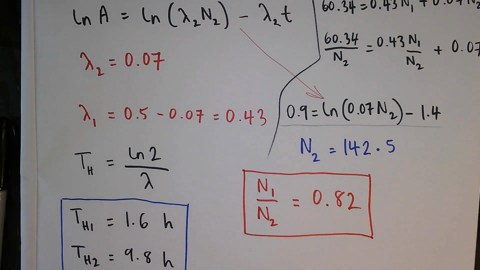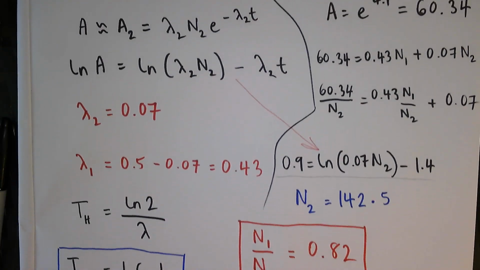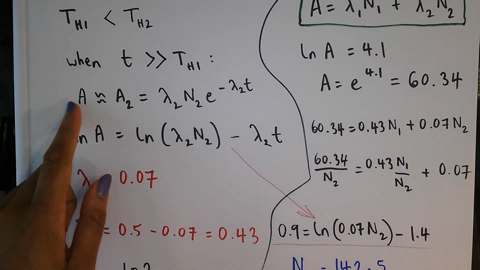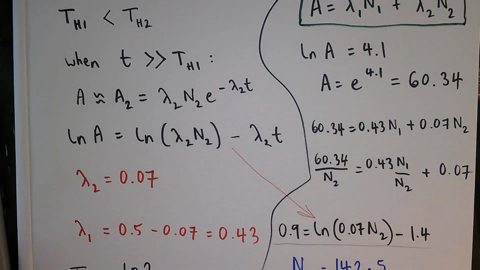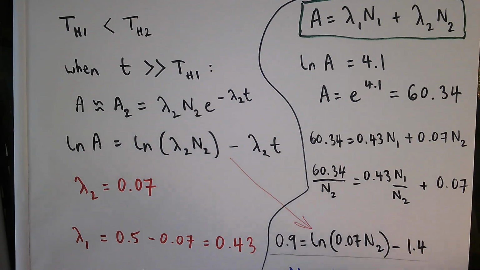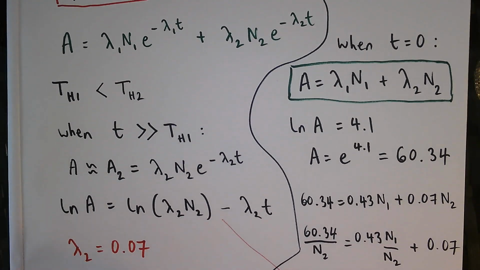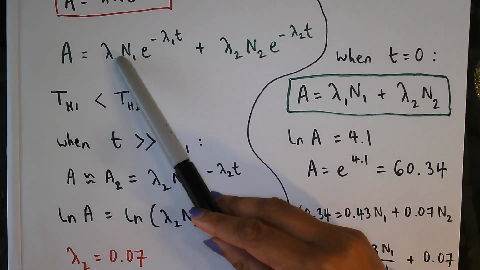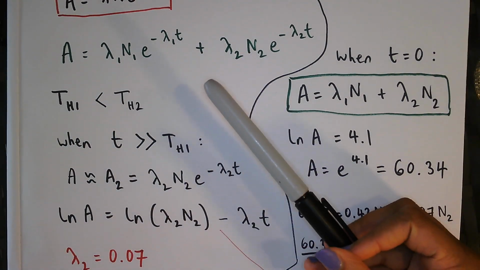Now, when we were doing this question, we've made a lot of assumptions throughout. So, for example, here, when we decided to just ignore the activity of component 1. In order to see how valid these assumptions are, we can use our formula of the activity A, and we can create our own formula by substituting in the values of lambda 1, n1, lambda 2 and n2.